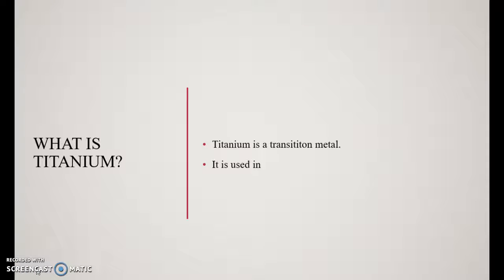What is titanium? Titanium is a transition metal, as I mentioned earlier. The terms transition metal or element and d-block elements are sometimes used as if they mean the same thing. Titanium is in the d-block elements. In the d-block, the atoms of the elements have between 1 and 10 d electrons.